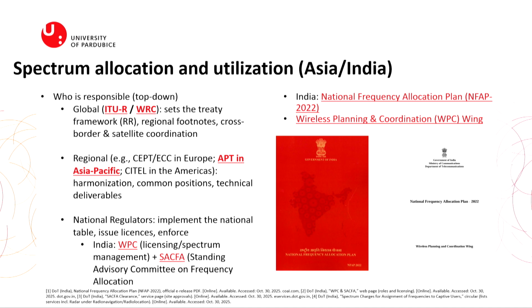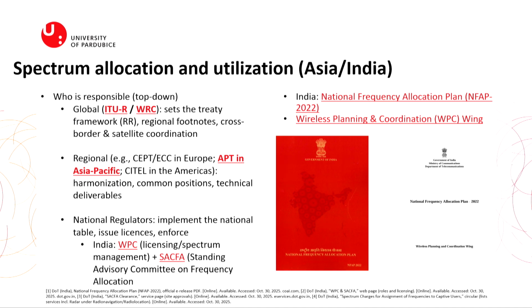By the way, all these red ones are interactive links, so if you click on them, you can open a web page and get more information. For this reason it is interactive. And in the Americas it is CITEL. They use it for harmonization, common positions, technical deliverables, and so on.